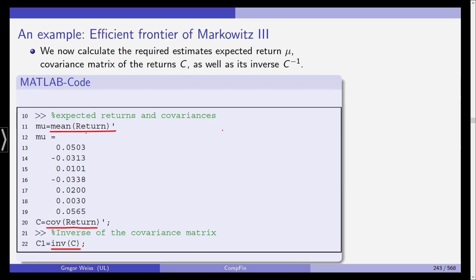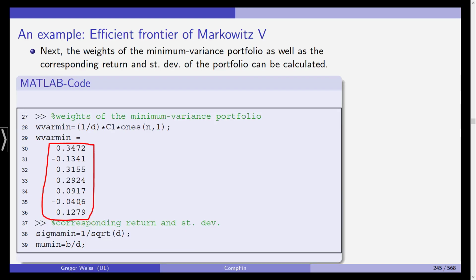So we should have 7. 2, 4, 6, 7. Yes, 7 weights. As you can see here, the minimum variance portfolio, without having any constraints, will use short selling. That's why the weights are negative. And then we can calculate the corresponding return and standard deviation for the minimum variance portfolio.